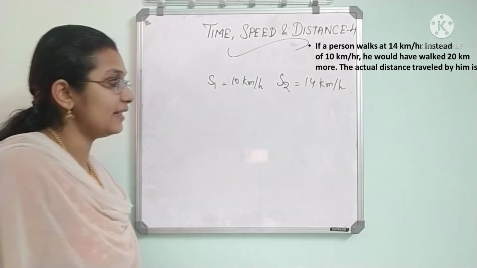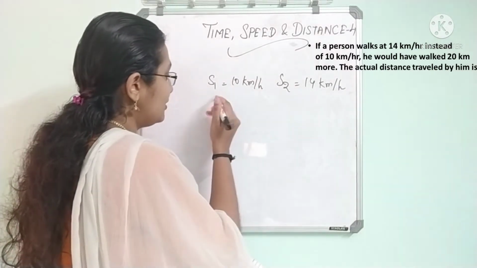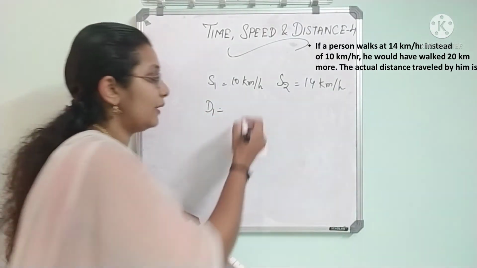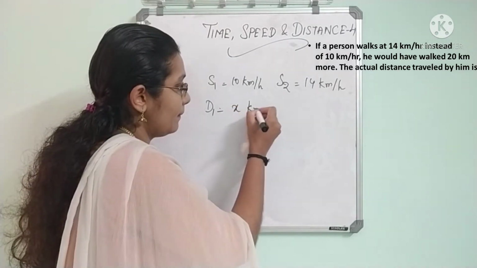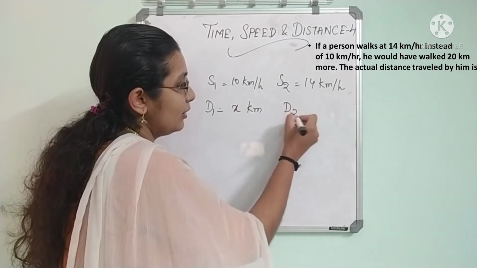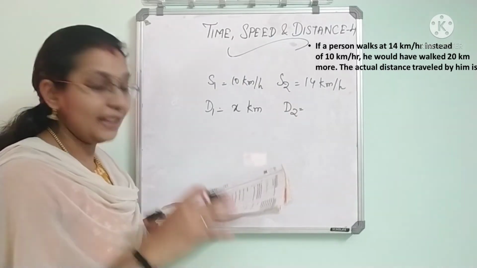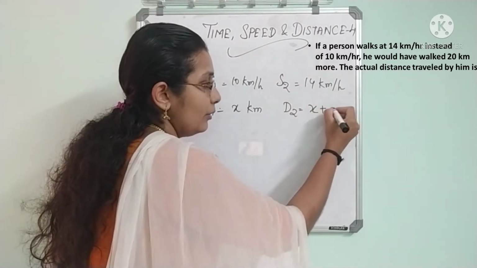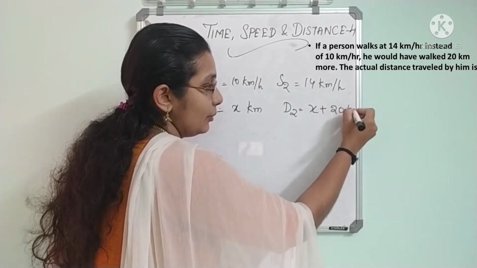That means distance. The first distance we don't know, that is what we'll have to find. So x kilometer, and here he would have covered 20 km more. So first it was x, now it is x plus 20 km.